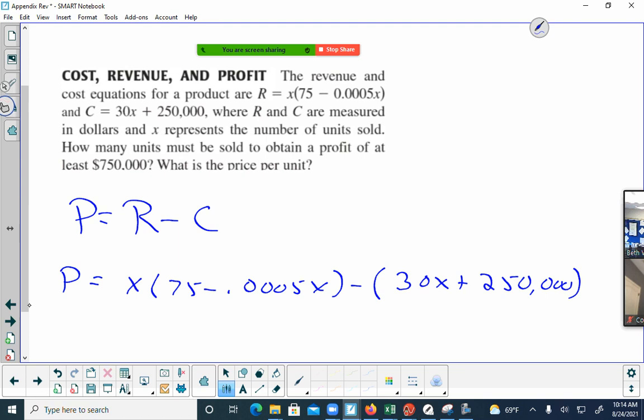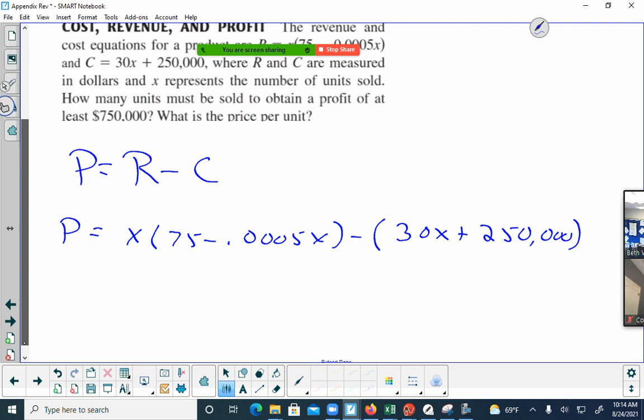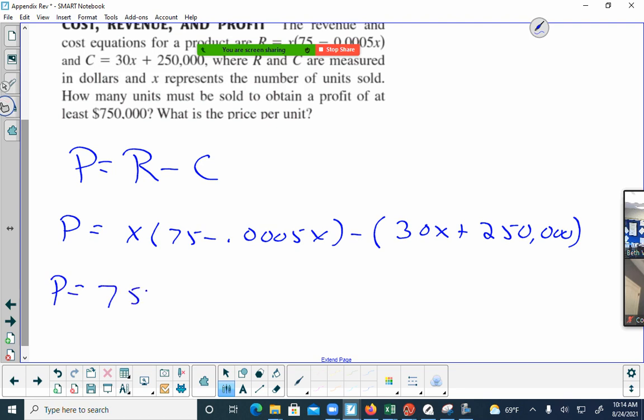So when you simplify that, what did you get? You simplify that, Joey? So negative 75x squared minus 30x minus 25. So that's your profit, and you want your profit to be at least $750,000.